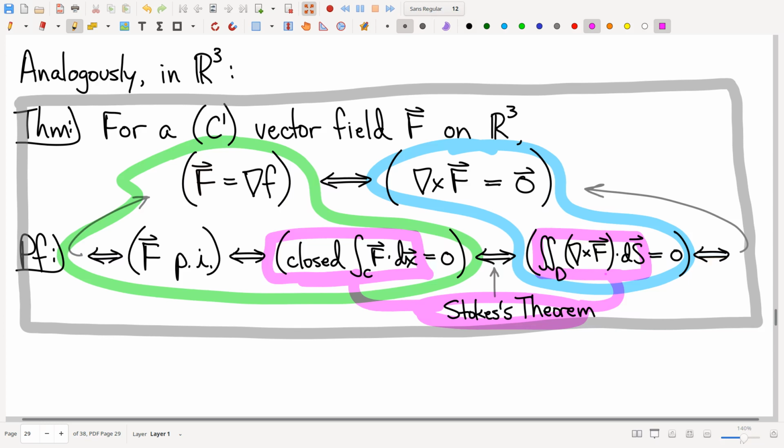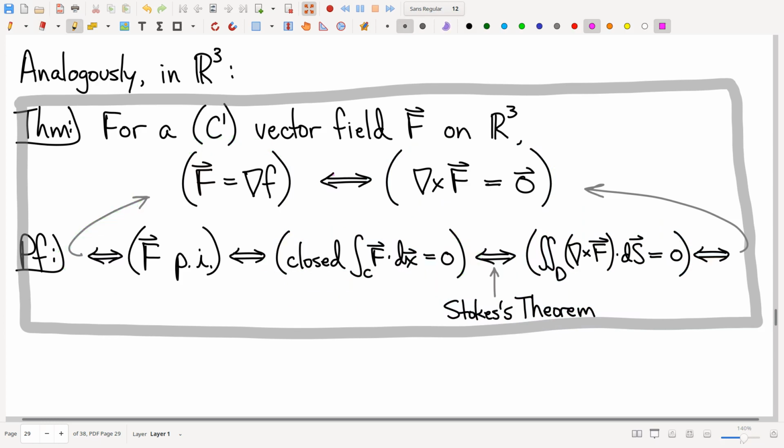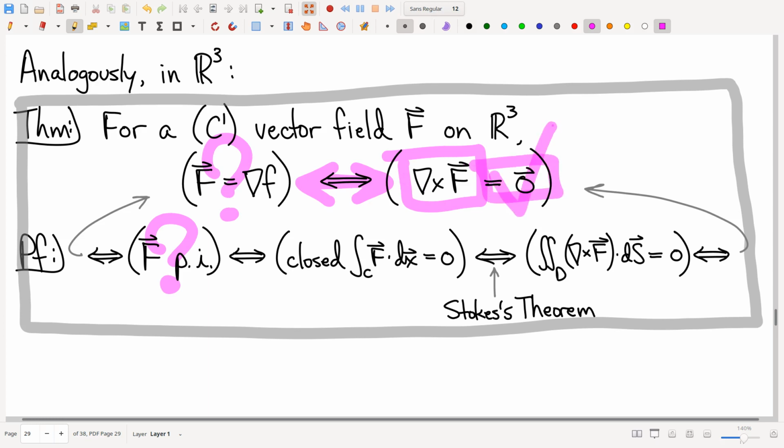And therefore, whenever this is 0, that means that's 0, and therefore we have connected all 5 of these equations, and therefore we've now demonstrated our local test. If you have a vector field, if you want to know if it's a gradient, you want to know if it's path independent, compute curl, see if you get 0. If it is, you're in business. Is that cool?